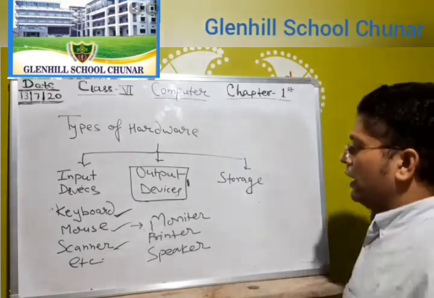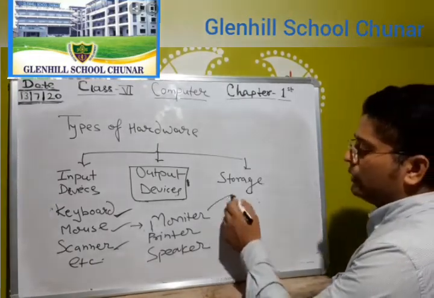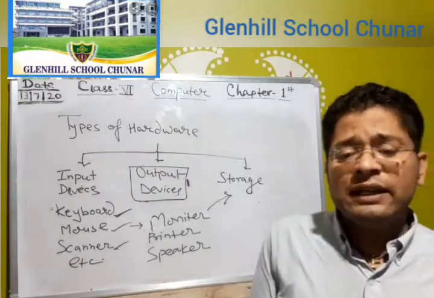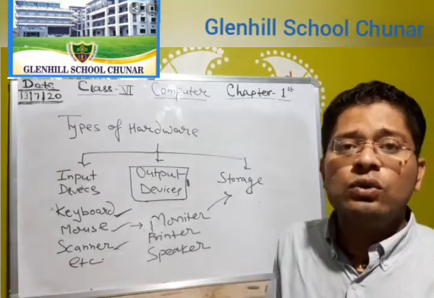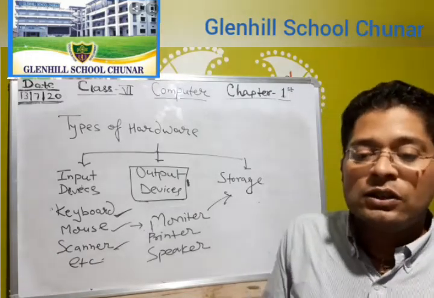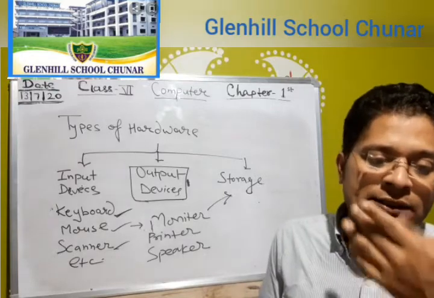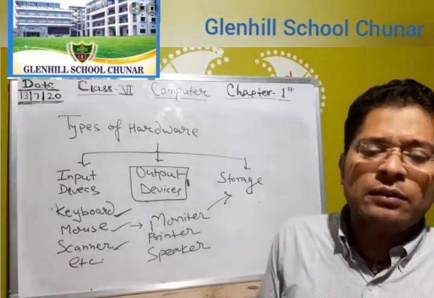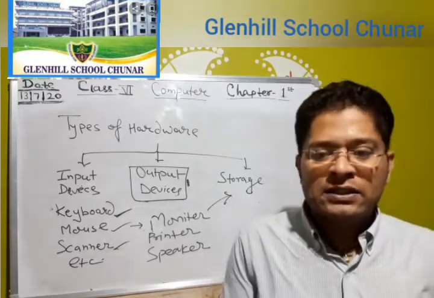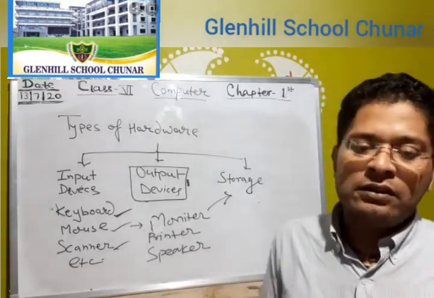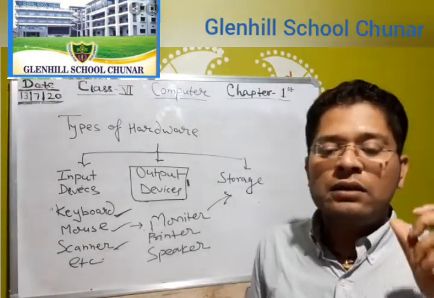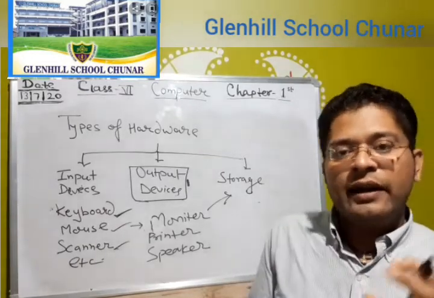Very good. The next topic is storage devices. Storage devices are used to store data and information in the computer for future use. Since computer memory, called primary memory, is temporary in nature, secondary storage devices are used for bulk storage of data and information.